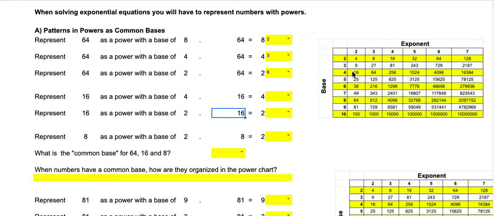Well, base of 4, 16, that's easy. That's 2 squared. And then I want to represent 16 again, but with a base of 2. This means how many repeated factors of 2 do I multiply to get 16? So I go to a base of 2, and I go all the way across to 16. It means I have to multiply it repeatedly 4 times.